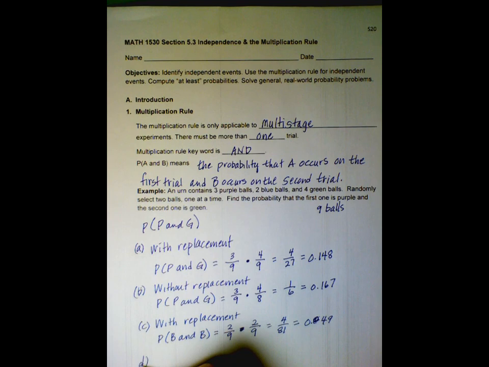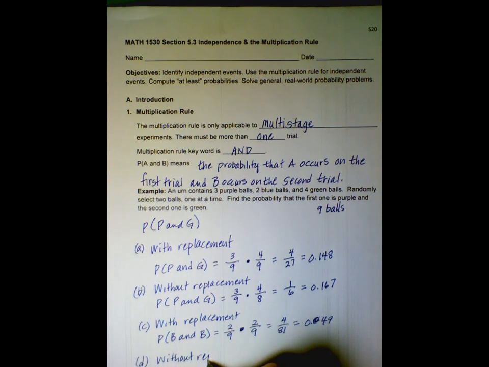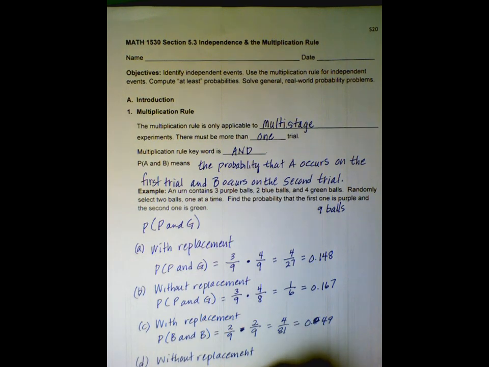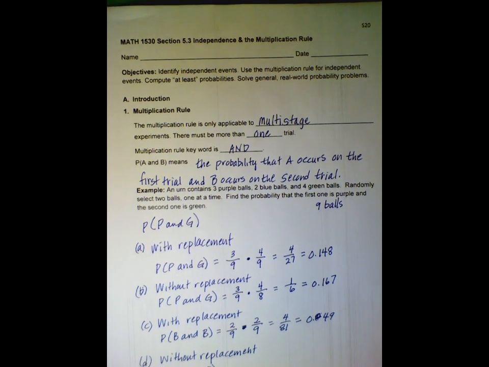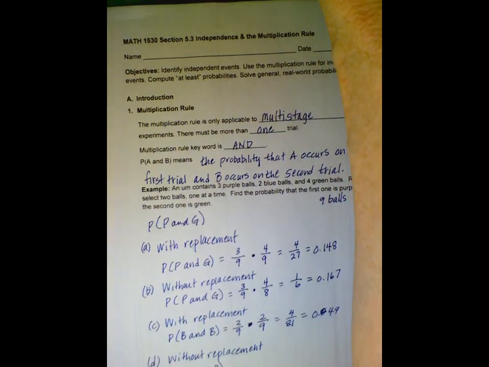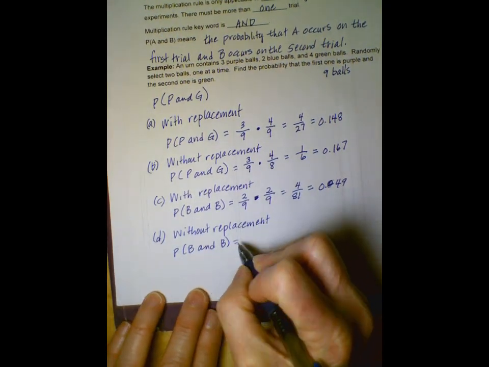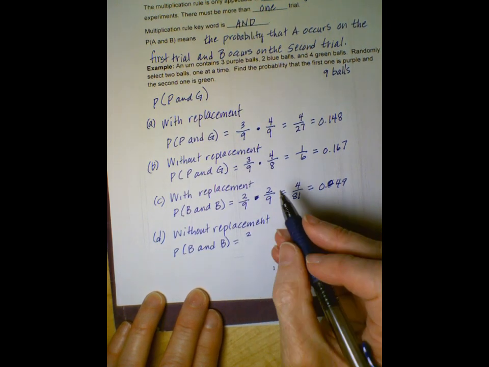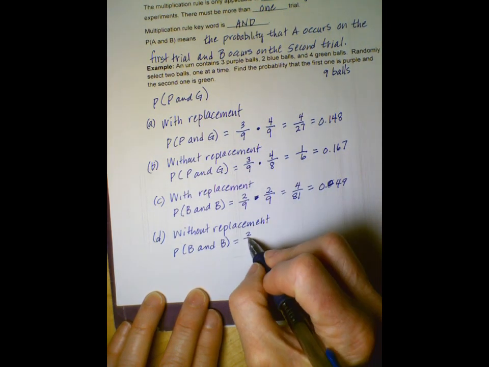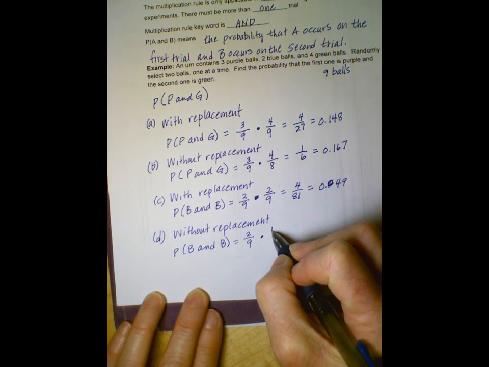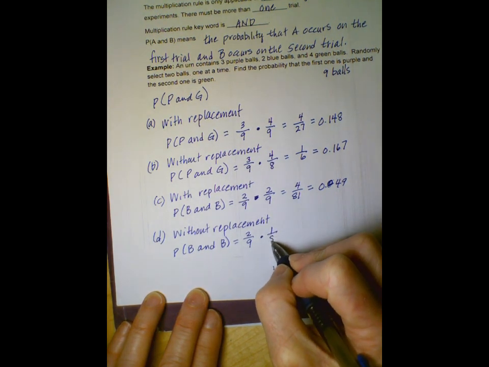Now let's see what happens if we conduct the same experiment without replacement. So after the first blue ball comes out, without replacement, we start with 2 blue balls out of 9, but now there's only 1 blue ball left and there are only 8 balls left.